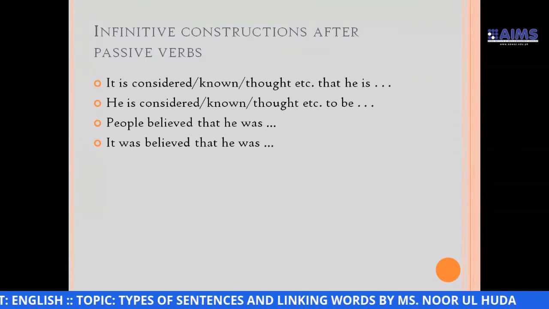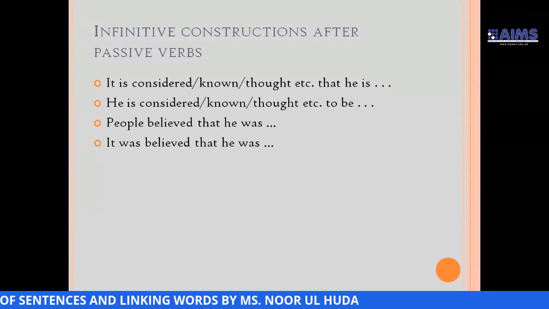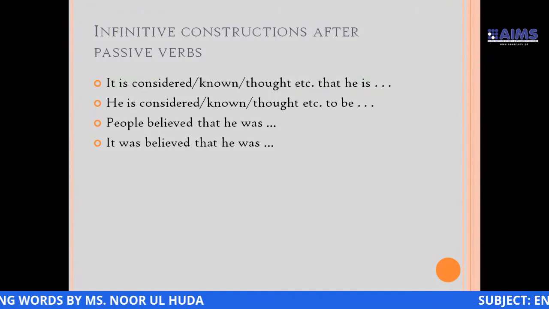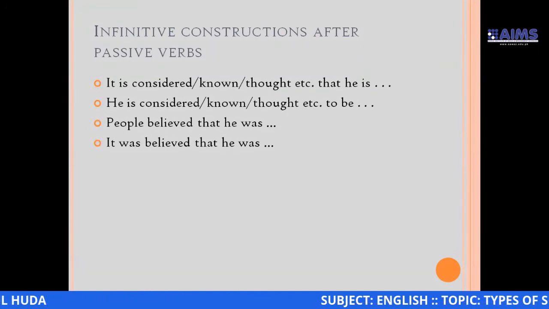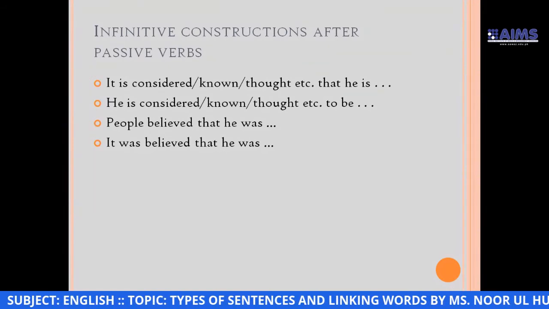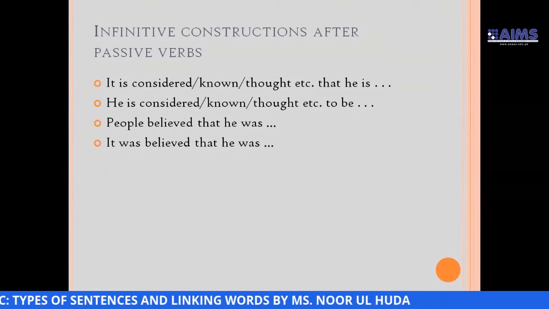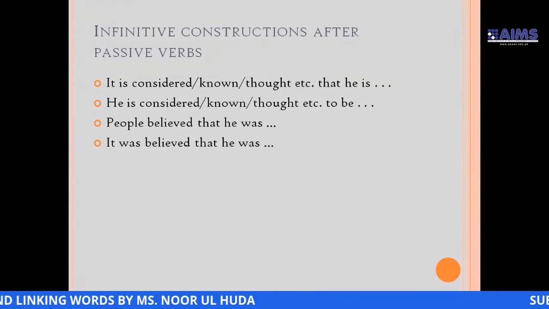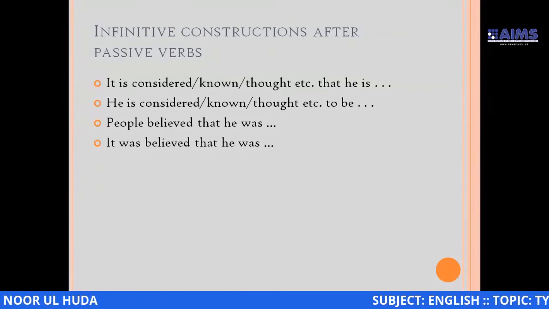Now, the infinitive construction after a passive verb. We often use these kinds of sentences. Whenever we are writing, we use it is suggested, it is considered, it is observed, it is thought, it is known. These types of structures are often used in our writing.